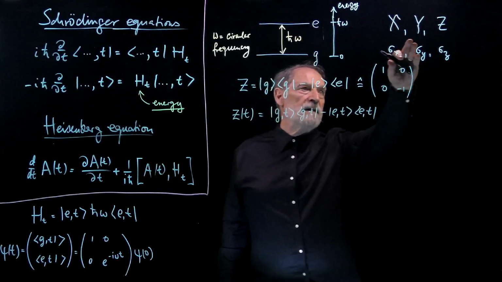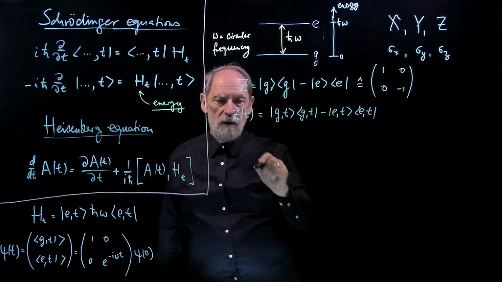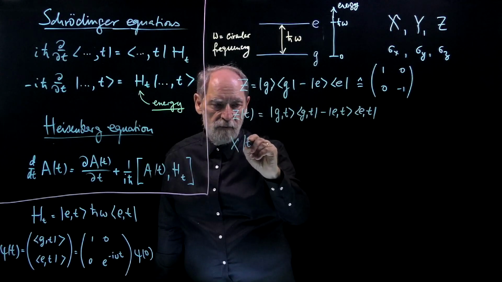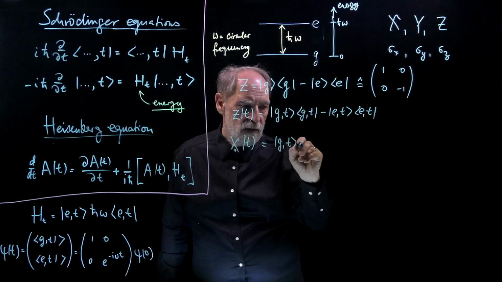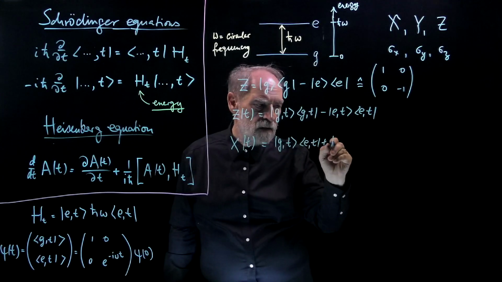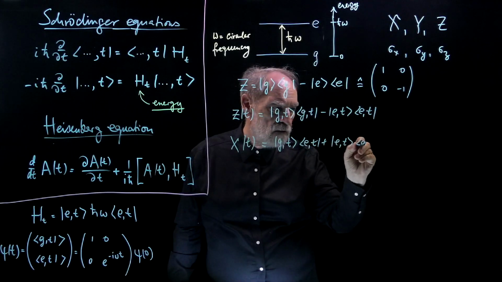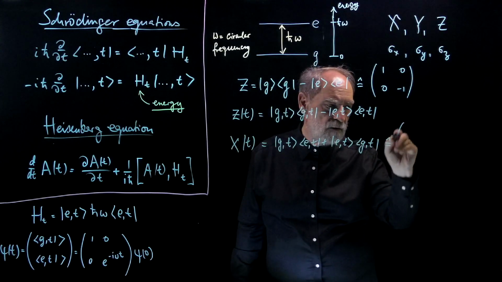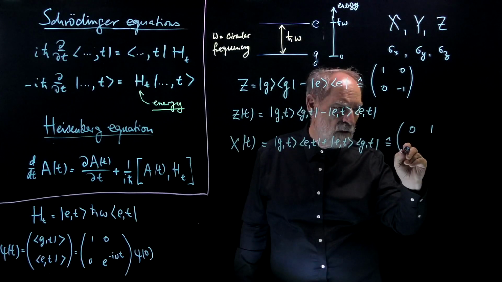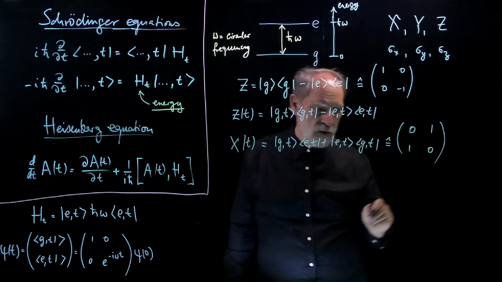Now what about x and y? Well, x is the ground state, excited state ket bra plus the excited state, ground state ket bra. So this would correspond to the matrix 0, 1, 1, 0, as always.